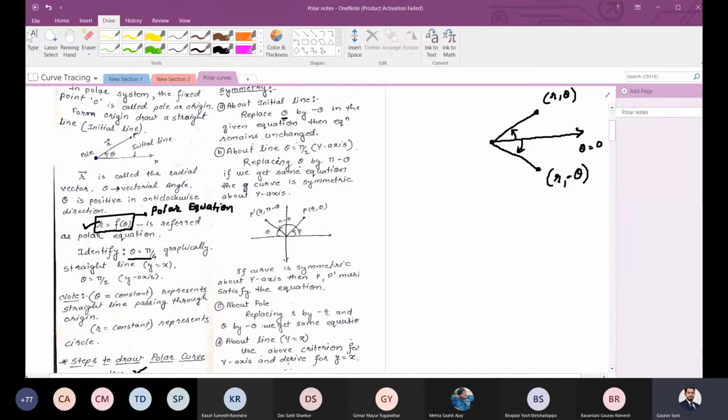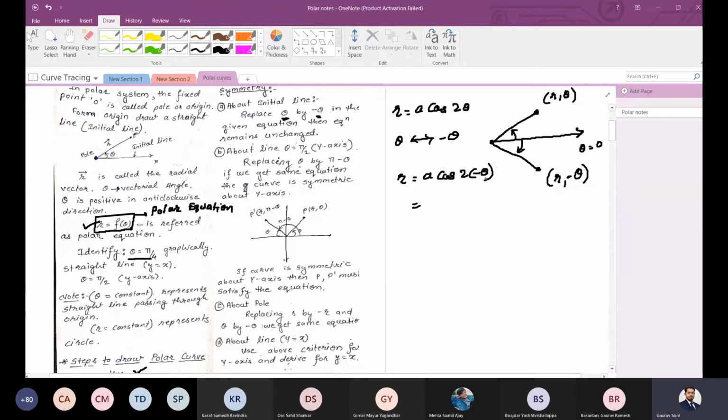You replace theta by minus theta in the given equation, and the equation remains unchanged. For example, if I take r is equal to a cos 2 theta, replace theta by minus theta. What we are going to get is r is equal to a cos of 2 times minus theta.